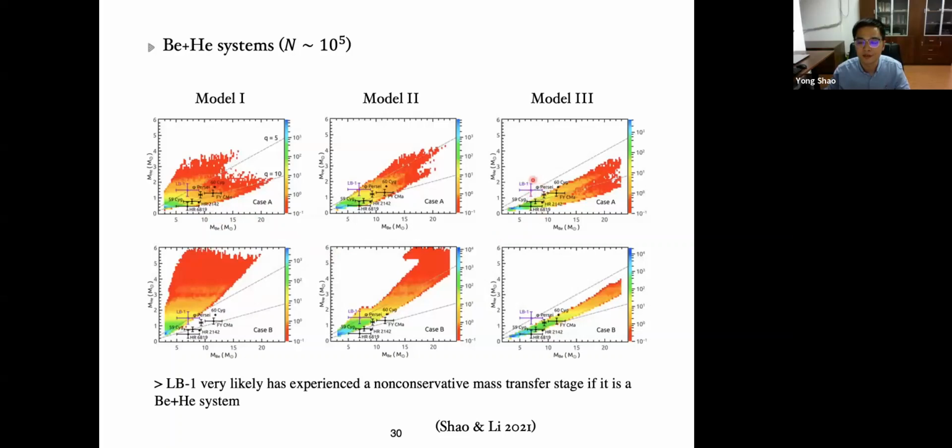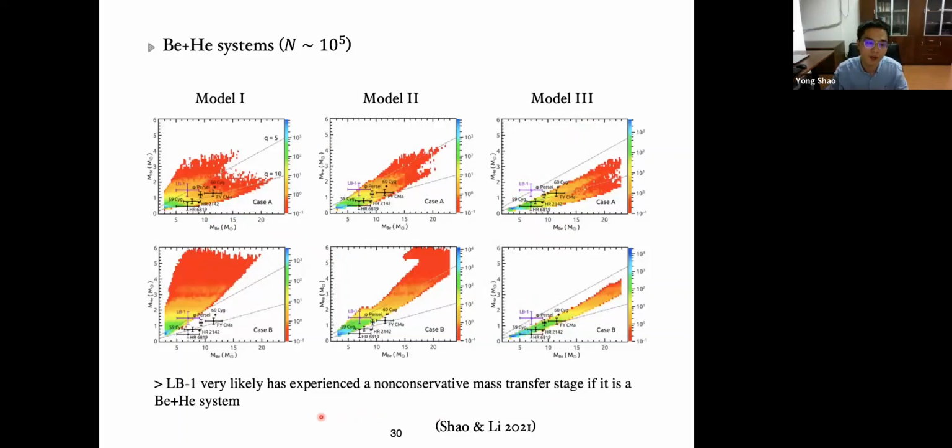And the purple one shows LB1. So in model 3, the mass transfer efficiency is about 100%. In this case, LB1 cannot be reproduced in our calculations.